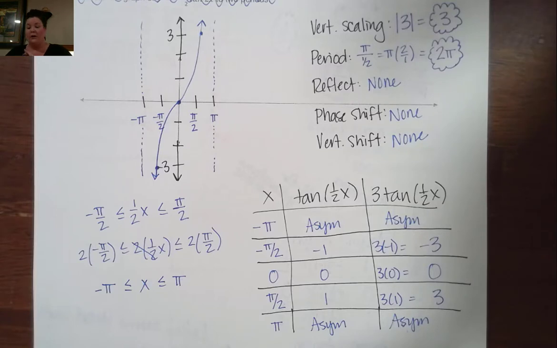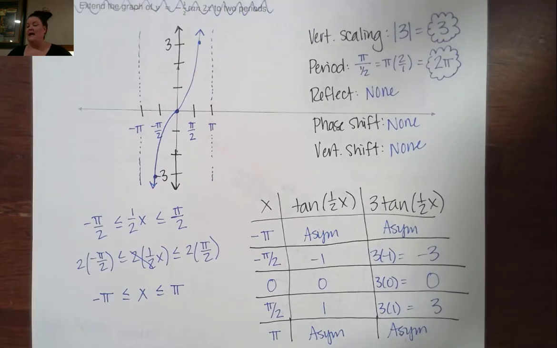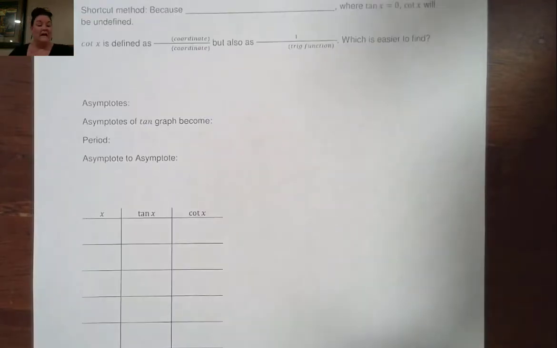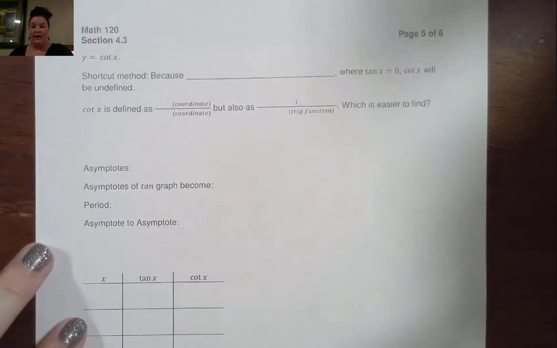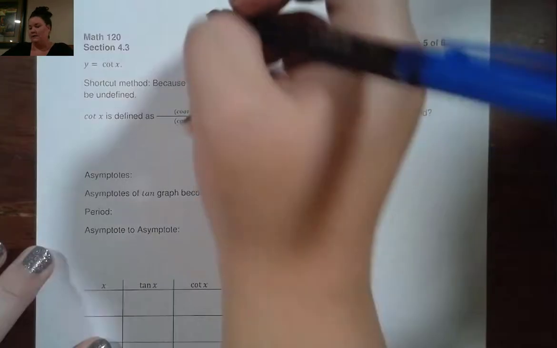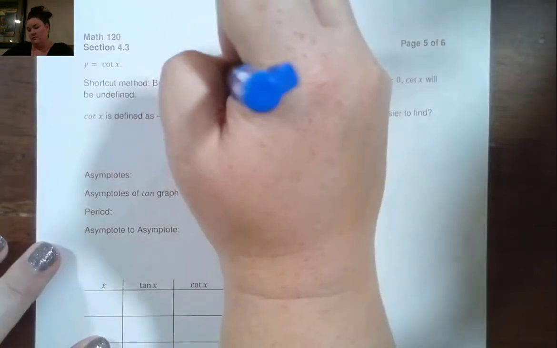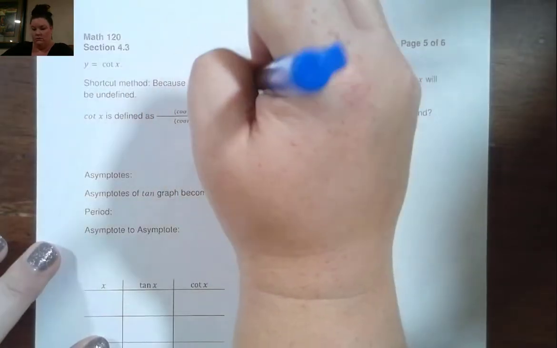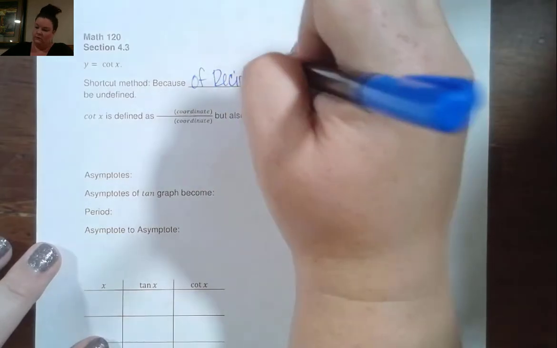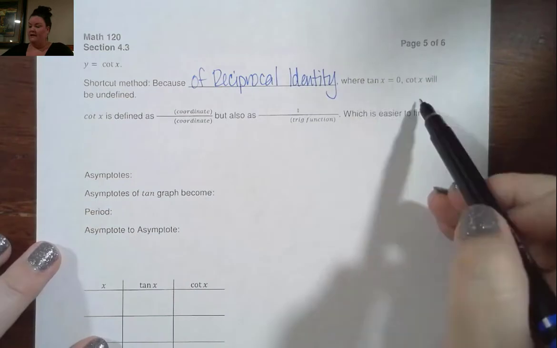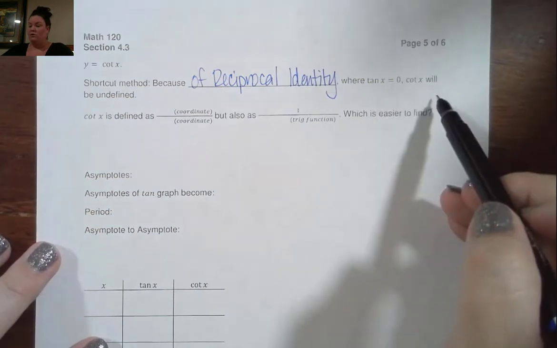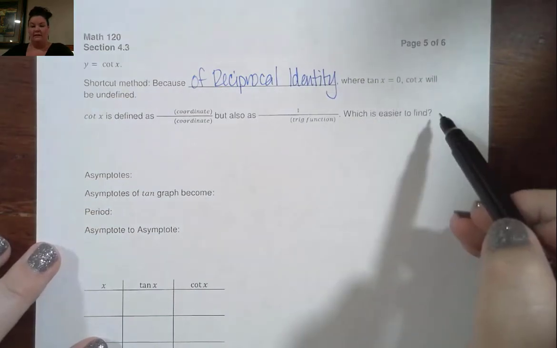So now what I want to show you is what cotangent looks like. And cotangent looks very similar to tangent because of the reciprocal identity, where tangent is 0, cotangent will be undefined, right?